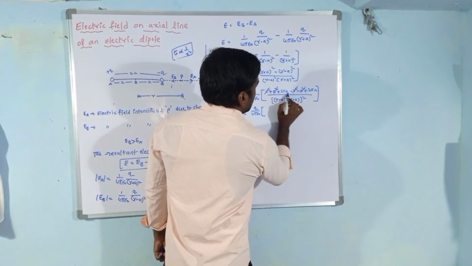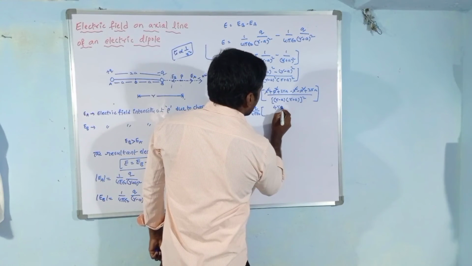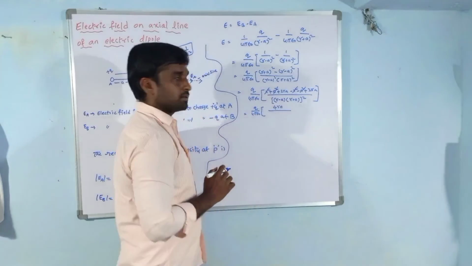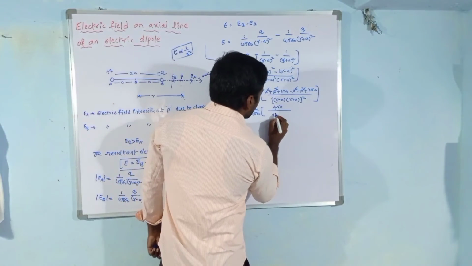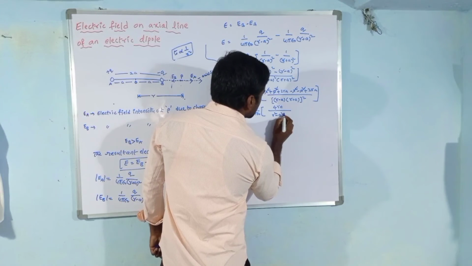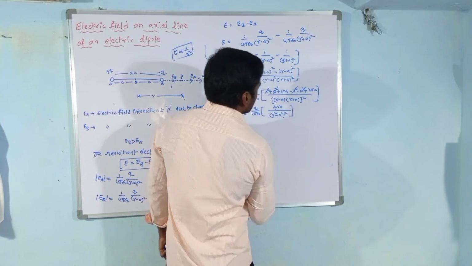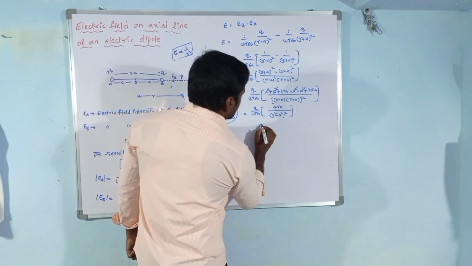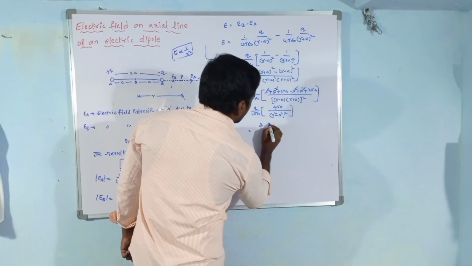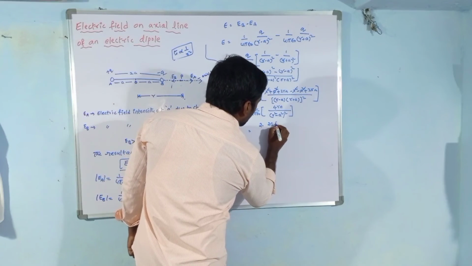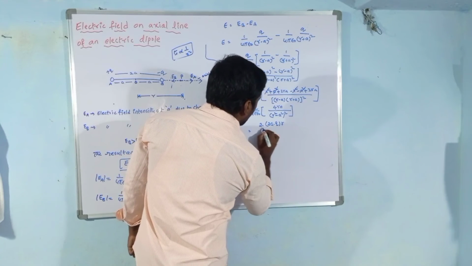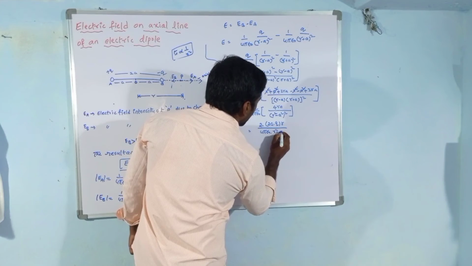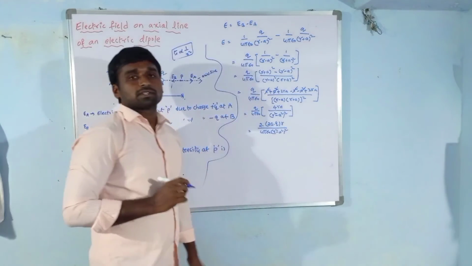What are the remaining? 2RA plus 2RA, 4RA, by, this is in the form of A minus B into A plus B, that is A square minus B square. We can write this as R square minus A square whole square. It can be written as 2 into 2A into Q into R by 4 pi epsilon naught R square minus A square whole square.